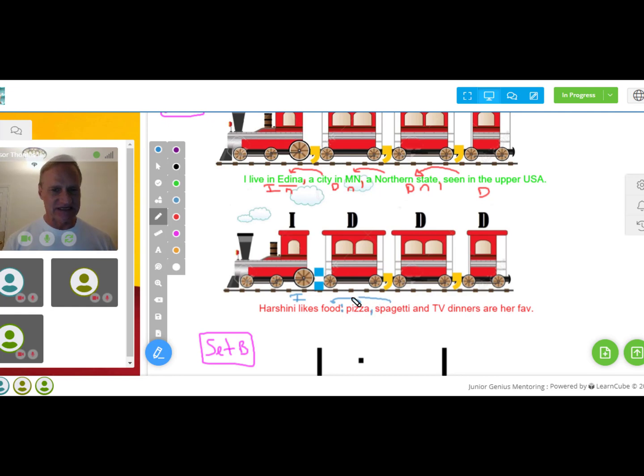Spaghetti is a mini definition of food. And TV dinners is also, see how it leads you back to the independent clause noun? Just like if we go back up here, Minnesota defines Edina, northern state defines Minnesota, but it also goes back to the main noun, which is Edina, and "seen in the upper USA": Edina is seen in the upper USA. So once again, we always go back to the independent clause and look at what we have there.